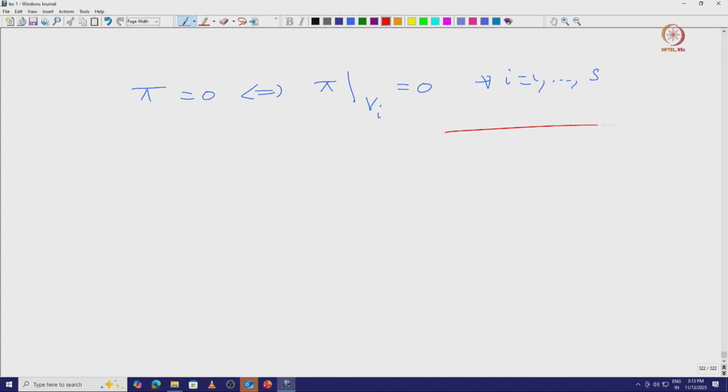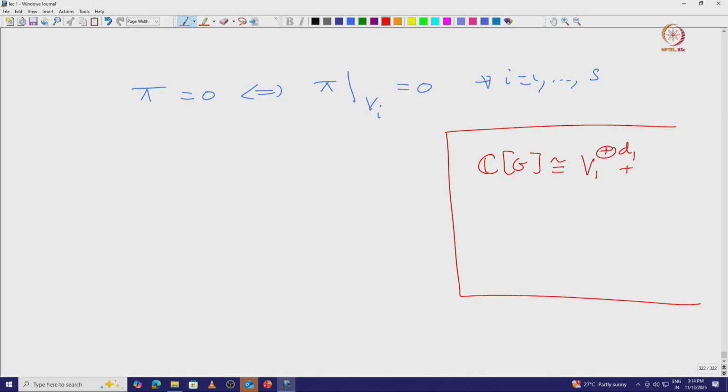We can do this because C G is isomorphic, as a G representation, to V1 direct sum D1 direct sum, etcetera, direct sum Vs direct sum Ds.